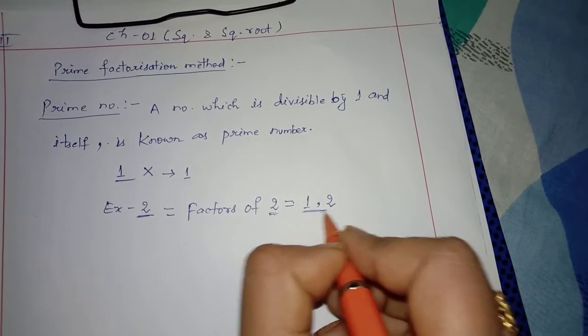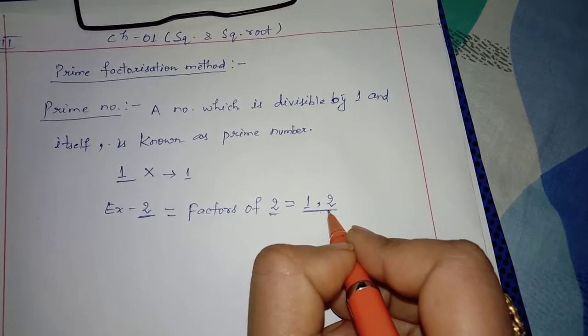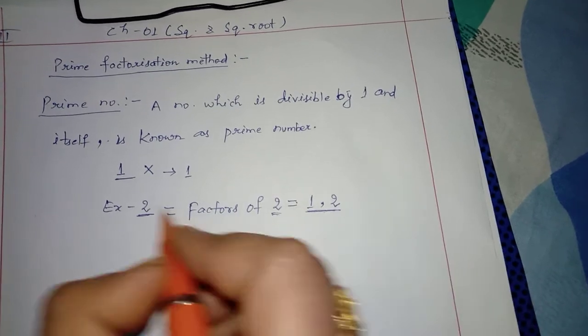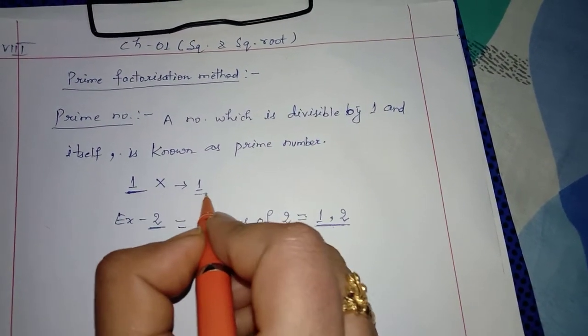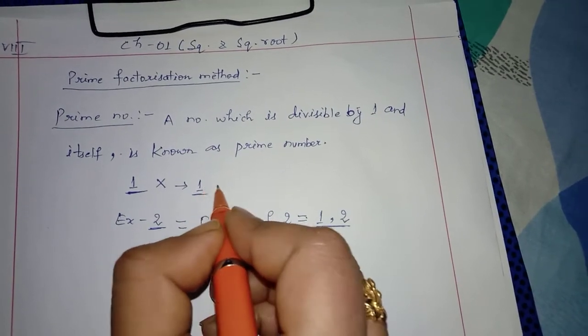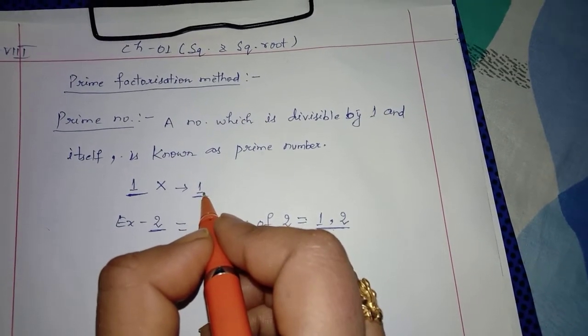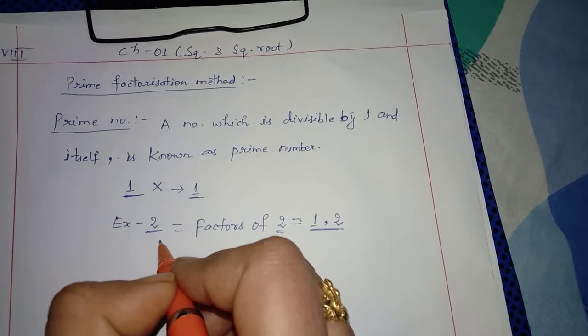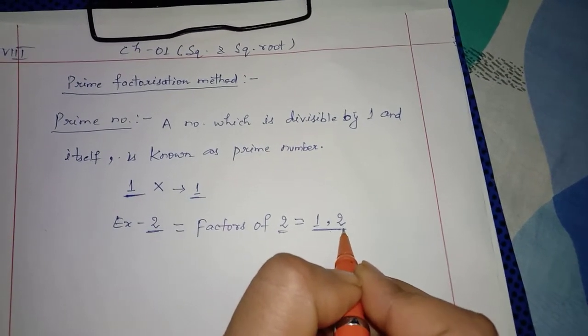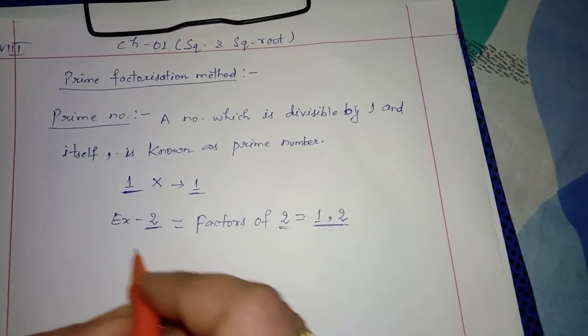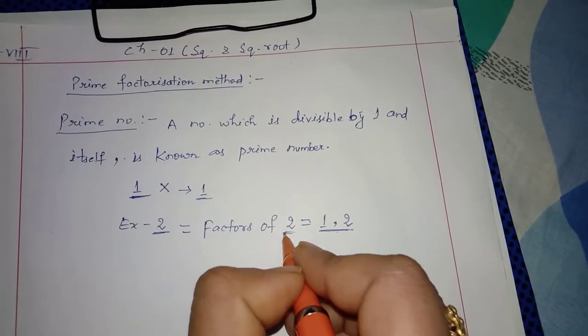But in the case of 1, we have only one factor. So the smallest prime number is 2.